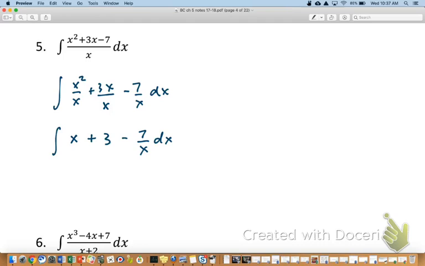Why on earth would this be in the little section on natural log? Because of 7 over x. Yes, the last term. Otherwise, we maybe wouldn't know what to do with that. So it's a couple of power rule type ideas. This would give us 1/2 x squared plus 3x. There are the 2 power rule concepts. And then the last one, as you all said, that's natural log. So minus 7 natural log of absolute value of x. Don't forget your plus c.